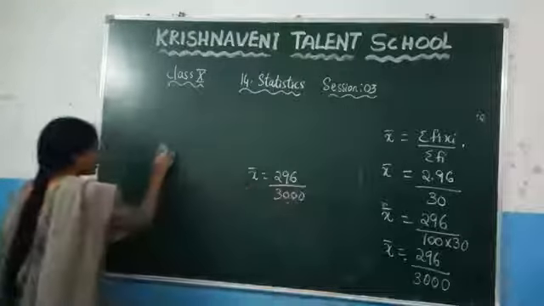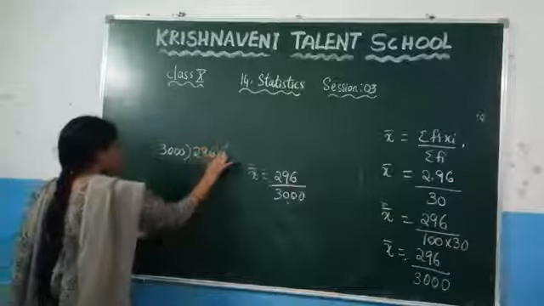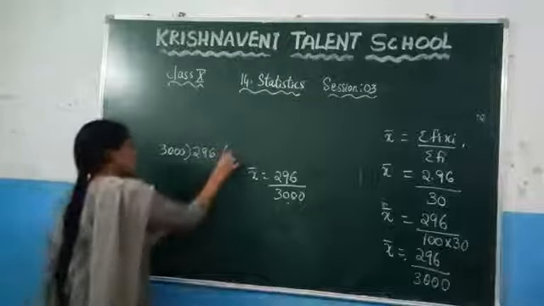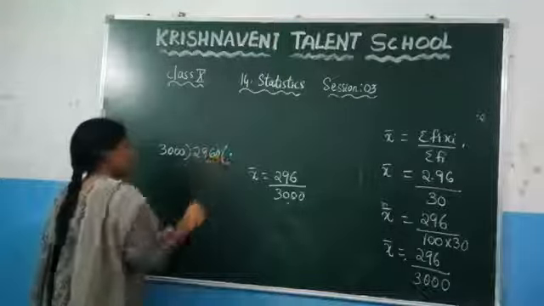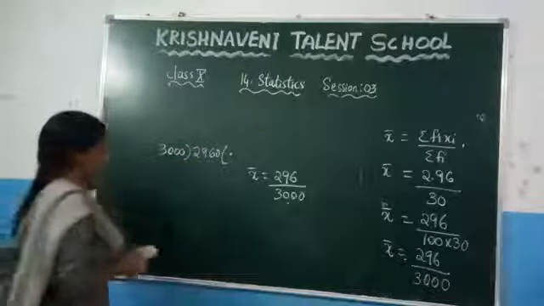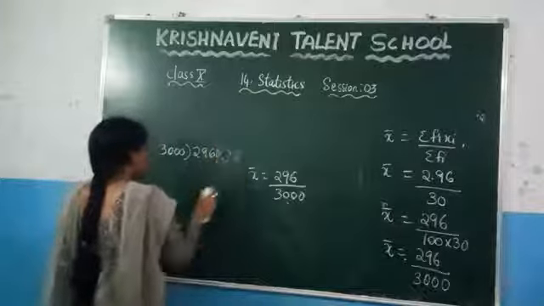Now you need to divide 296 by 3000. You know that you cannot divide these two numbers, so you need to put a decimal point and a 0 here. Now also we cannot divide these two values, so we need to put another 0, making it 10, and write it here.